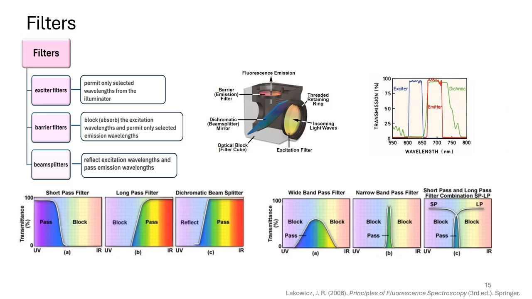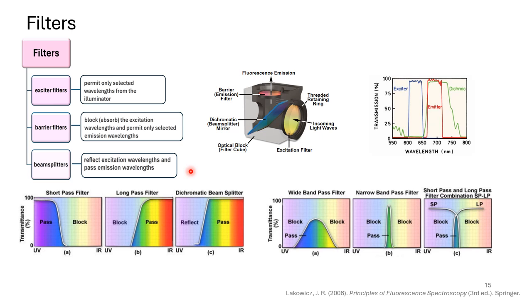So basically there are three categories of filters: exciter filters, barrier filters, and dichromatic beam splitters. These are usually combined together to produce a filter cube like this. Exciter filters permit only selected wavelengths from the illuminator to pass through on the way towards the specimen.